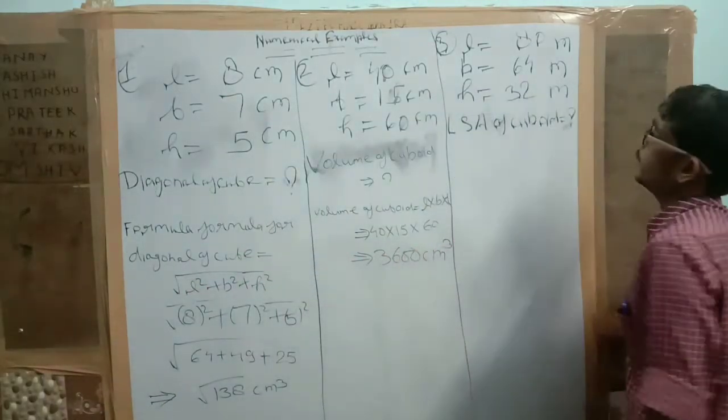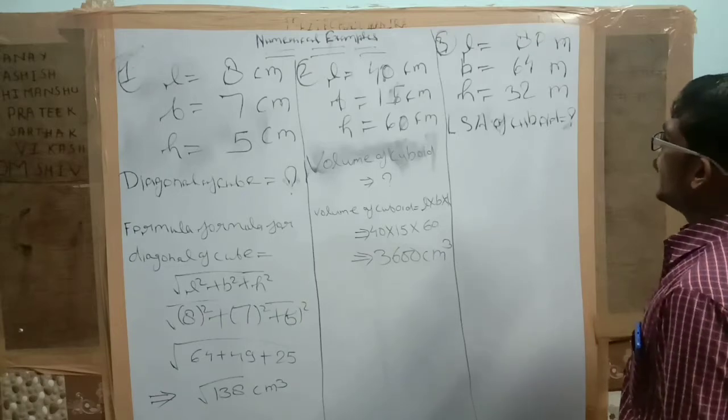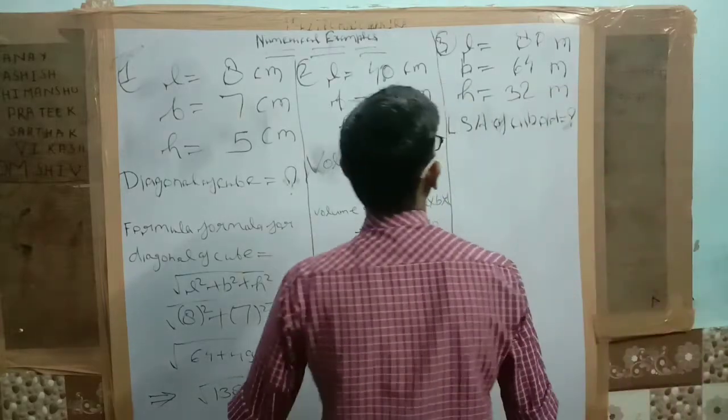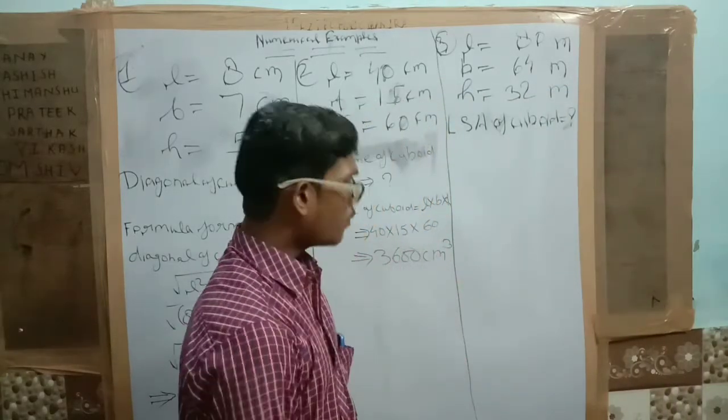Now next question, we have to find out LSA of cuboid. LSA of cuboid or area of 4 walls is equal.